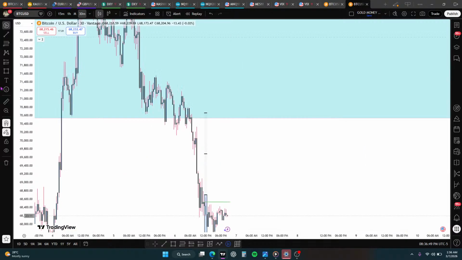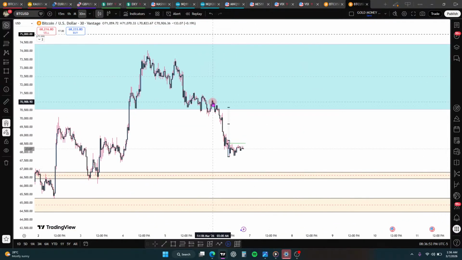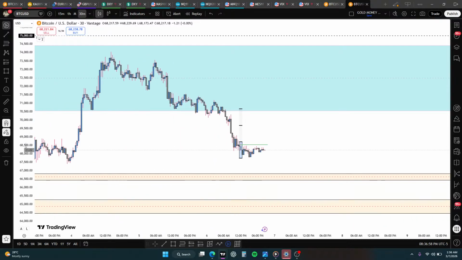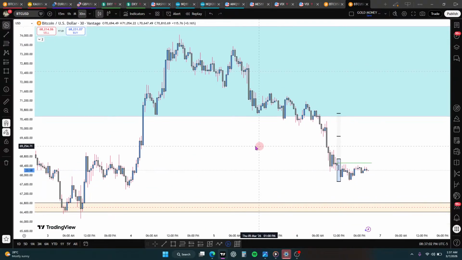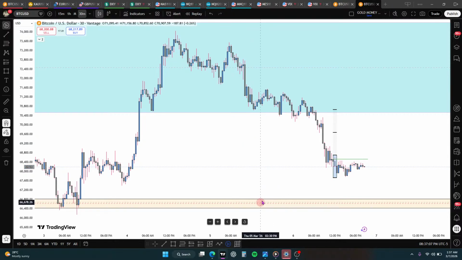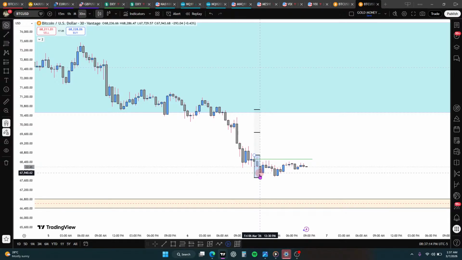I'm not going to go into too much detail about what I think about overall price, right? We're just looking at this snippet of the 30-minute time frame here. So this is a monthly or weekly inefficiency, and this is the 1 day breakaway gap that we were talking about before. So my bullish order block has formed here.